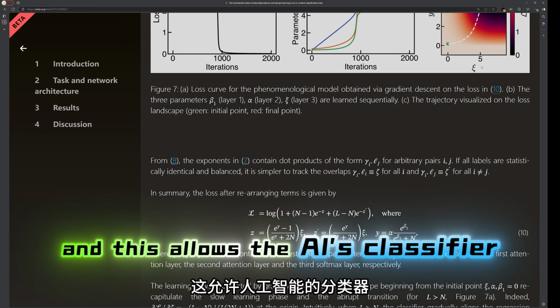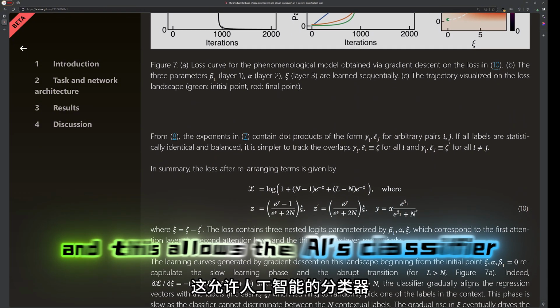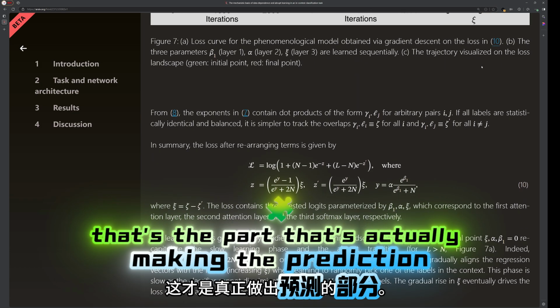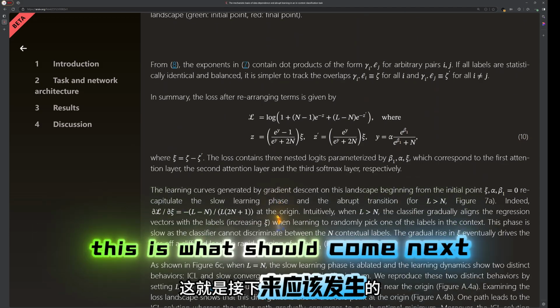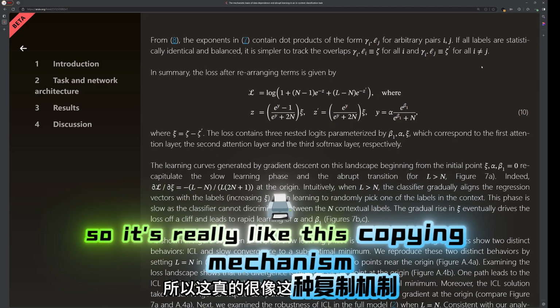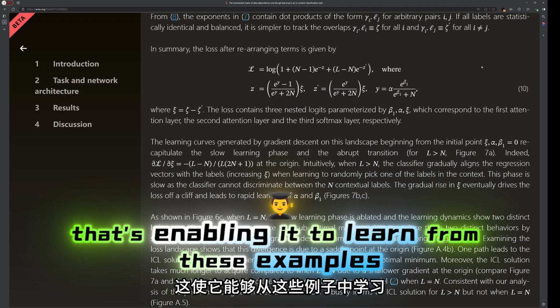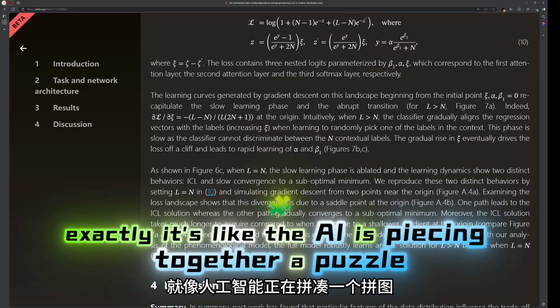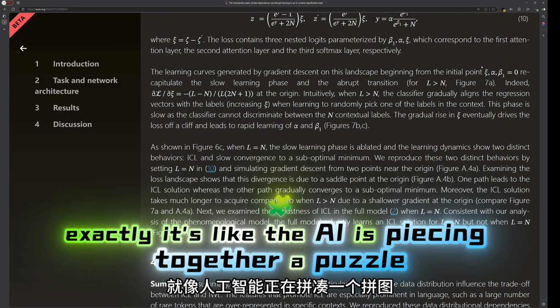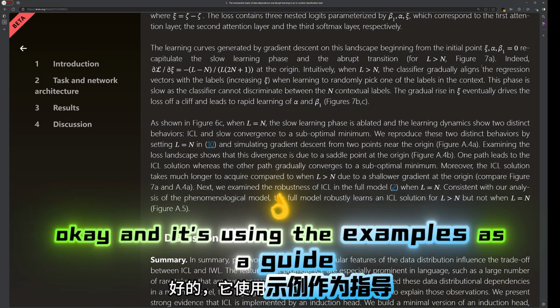And this allows the AI's classifier, that's the part that's actually making the prediction, to say, okay, based on everything I've seen, this is what should come next. So it's really like this copying mechanism that's enabling it to learn from these examples and apply that to new situations. Exactly. It's like the AI is piecing together a puzzle, and it's using the examples as a guide.